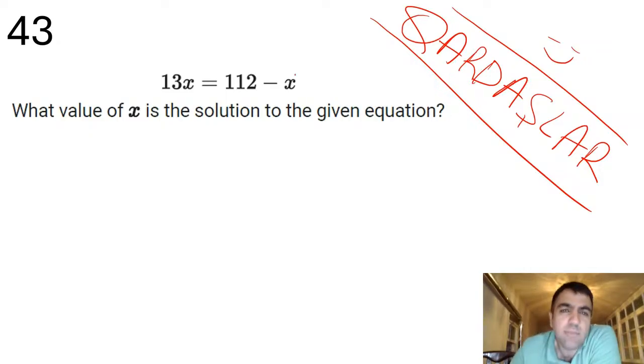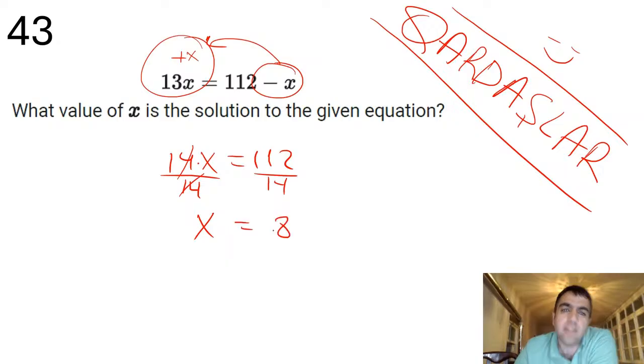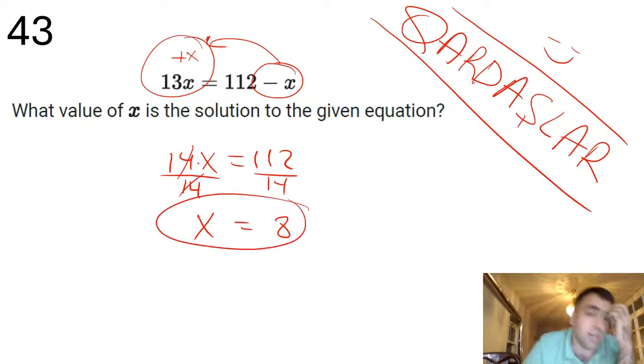Okay, if it is minus at the right side, it should be plus. We get 14x is equal to 112. And we can divide both sides of the equation by 14 in order to get x. And it is 8, I think. Yeah, you were right, it's 8.